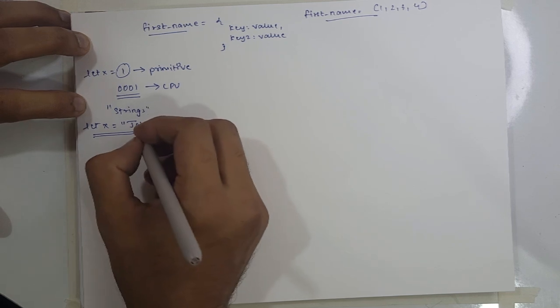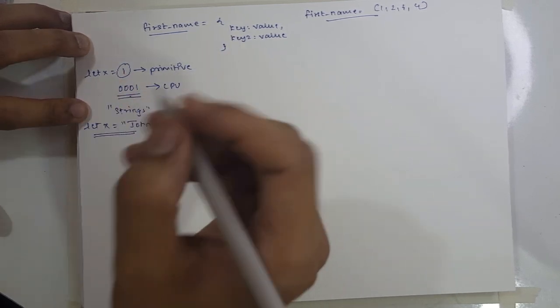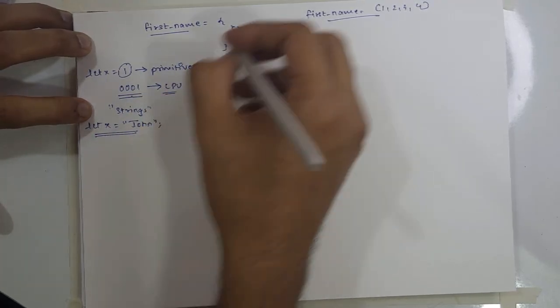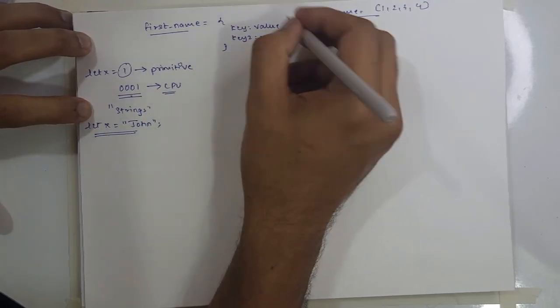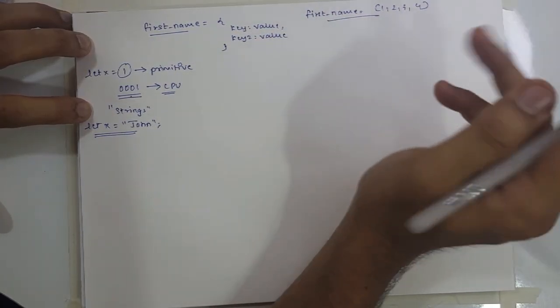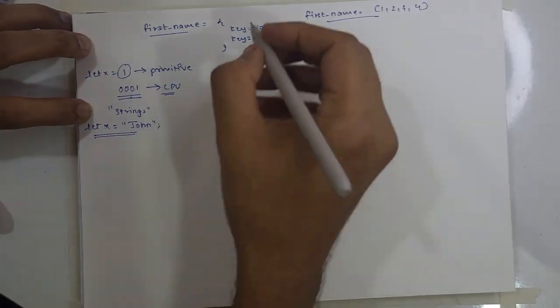But at the end, this is also stored as binary numbers internally, and the CPU knows how to process binary numbers. But what about complex data structures like key value pairs or arrays or sets or anything which is not primitive, which the CPU does not know?